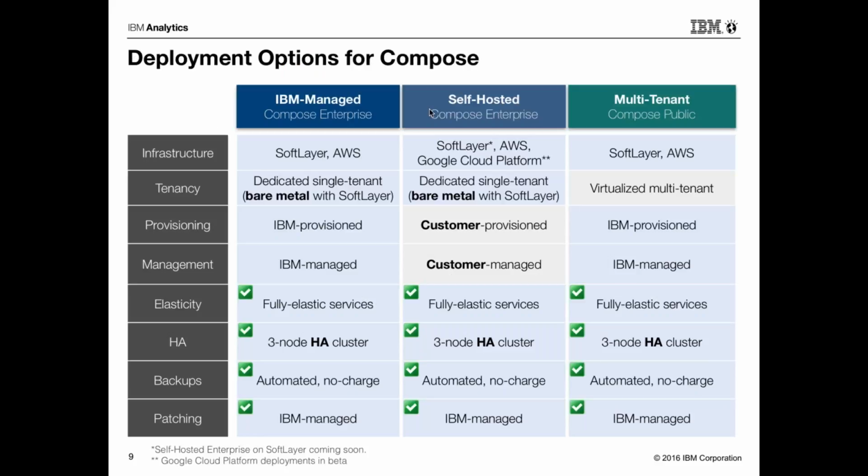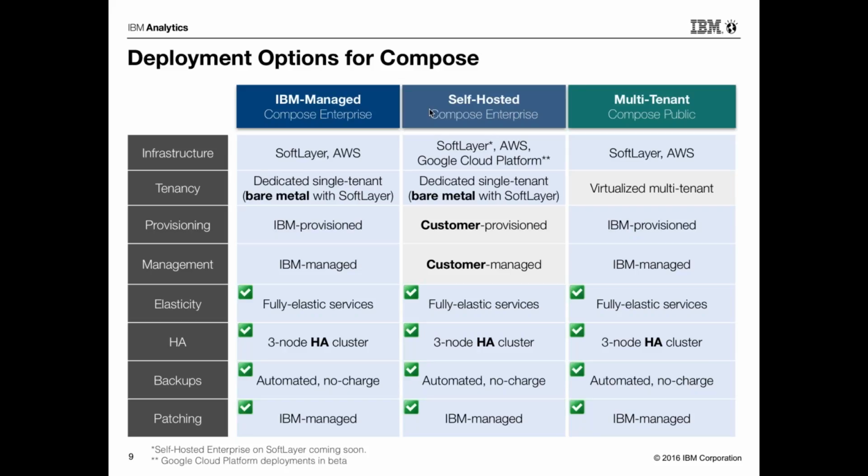These are some of the deployment options for Compose. You have the SoftLayer and AWS deployment options. You have the self-hosted option or the IBM managed option for you. And a minimum 3-node high availability cluster is required.